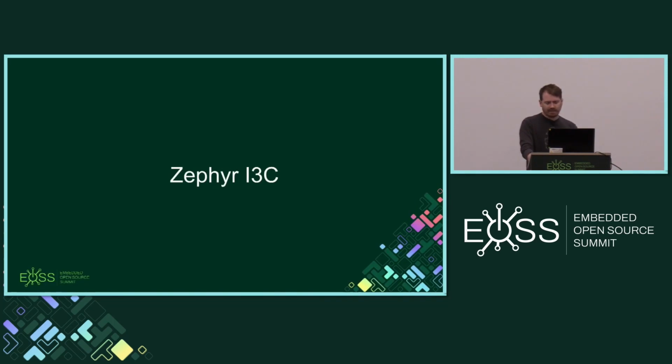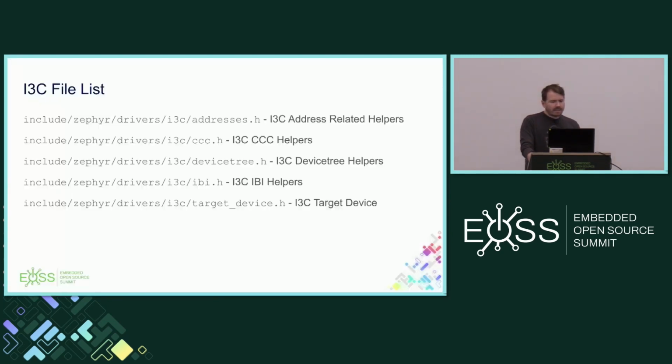All right, so now I'll talk a bit about how Zephyr is typically used with I3C. There are currently a lot of headers in there that define the APIs and helpers. There are common command code helpers that define all the standard common command code macros and all the defines that come with them. There are even some device tree specific macros for I3C, which I'll get into later.